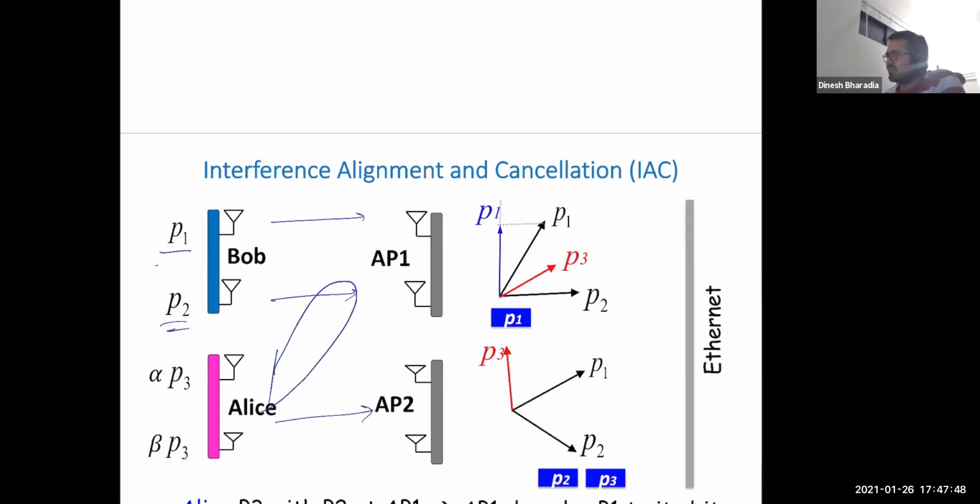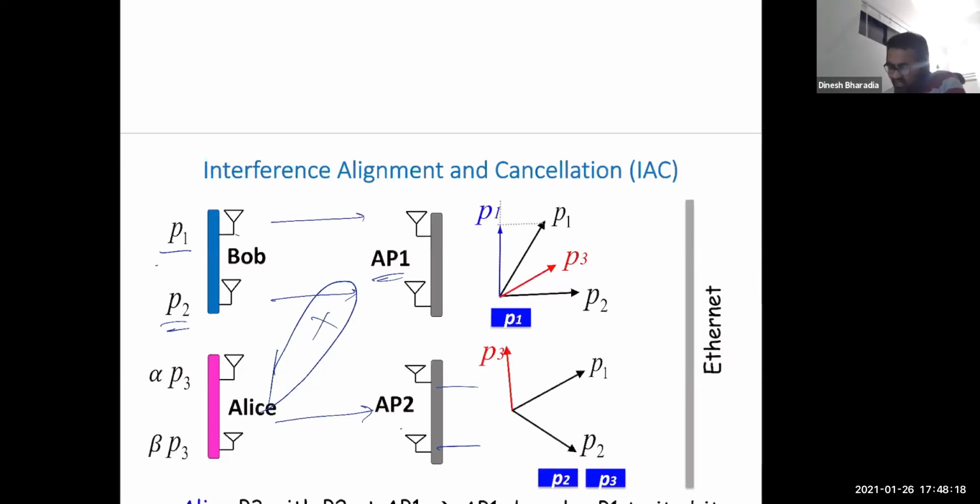The issue is AP1 won't get the signal of Alice, but AP2 will get the signal of Alice, and it also will get the signal from Bob, P1 and P2. It doesn't know what to do because it has two equations and three variables. So that doesn't work.